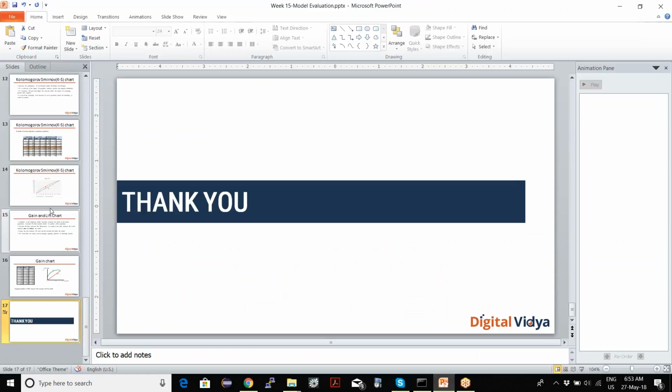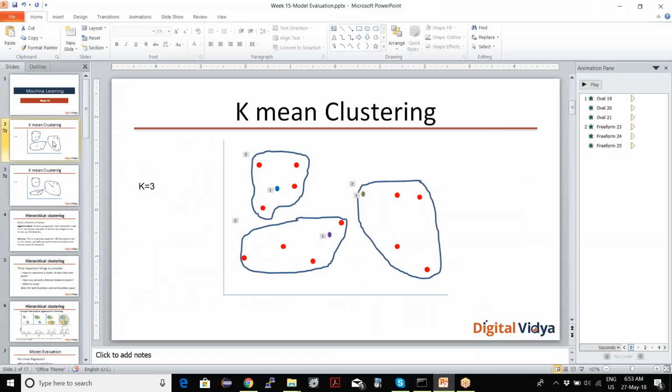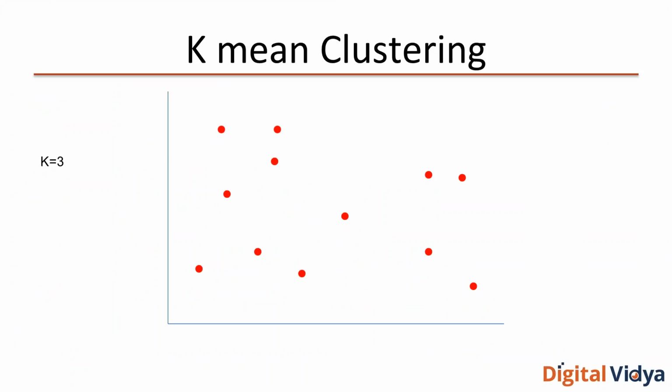So let's start. How k-means clustering works is, suppose this is your data points. First of all, k-means clustering will work on a Euclidean space. It's like the k nearest neighbor.